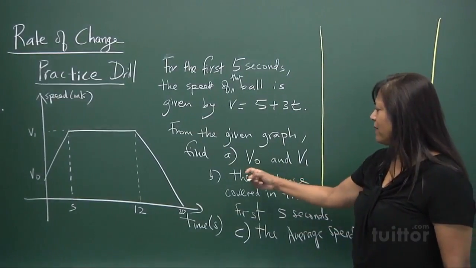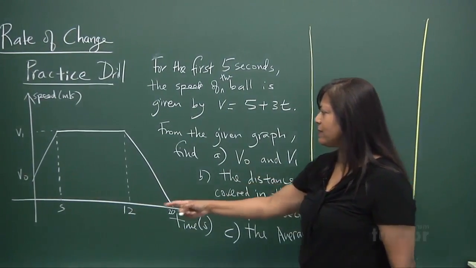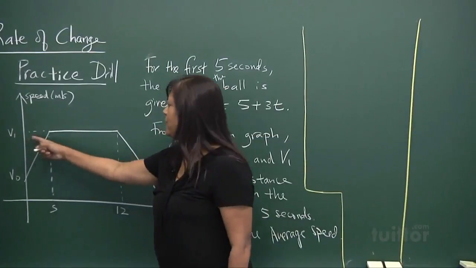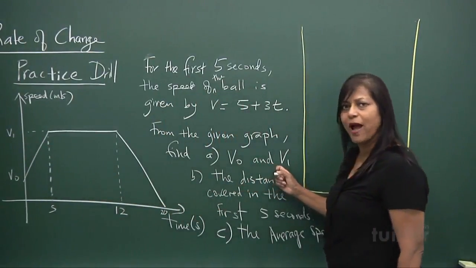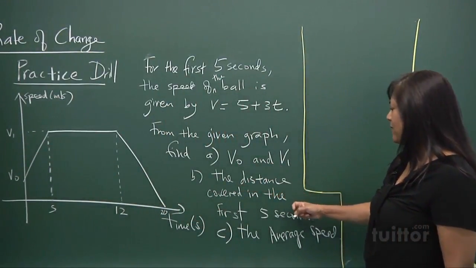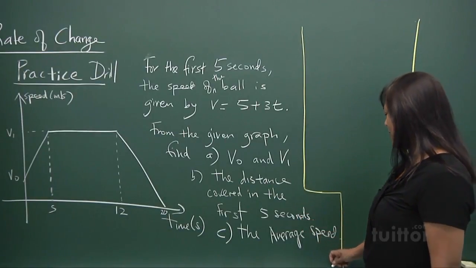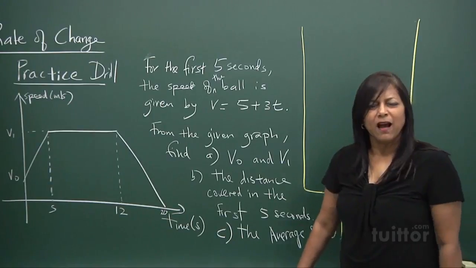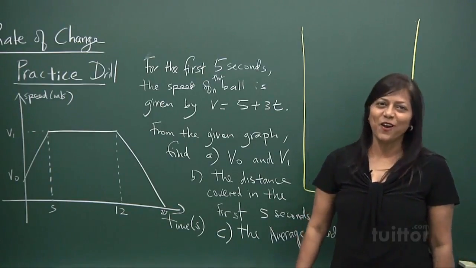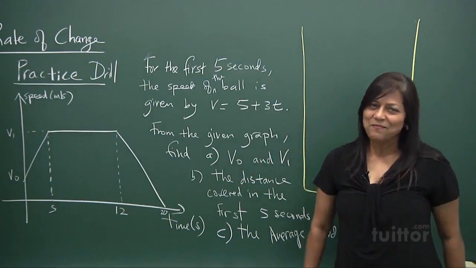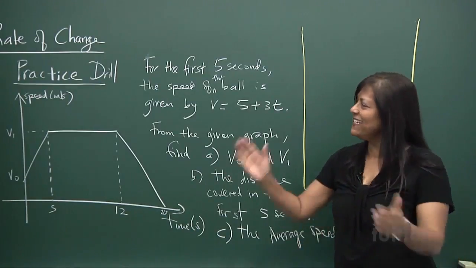From the given graph, find V0, yes, that's V0, and V1, you're asked to find. And the distance covered in the first 5 seconds. What is the distance? And then the average speed. Are you struggling? Not at all, right, my dear? Because you've got it. Yeah.